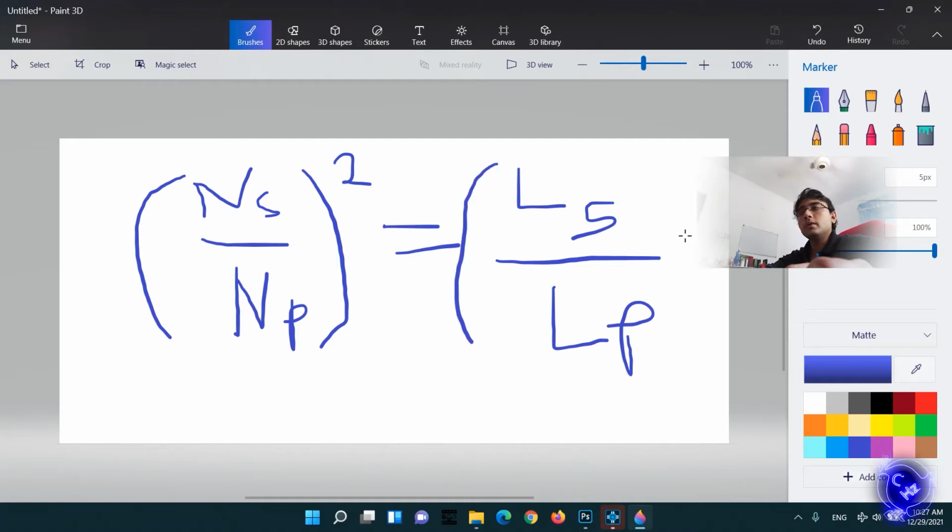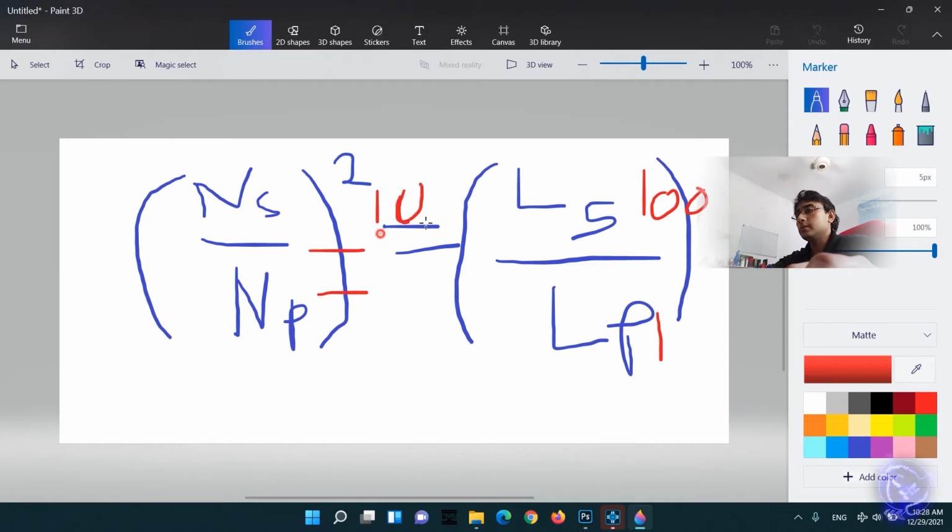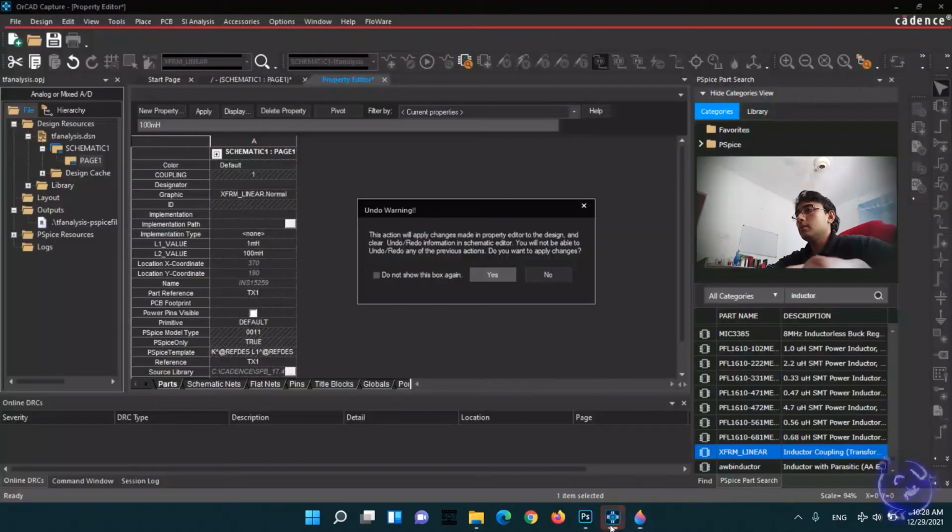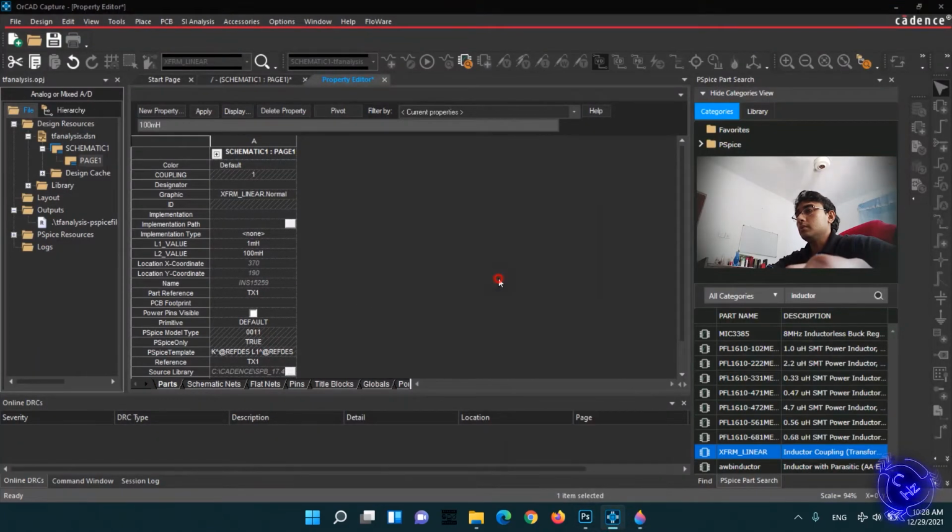So if I maintain my secondary to primary inductance ratio at 100 to 1, then my turns ratio becomes 10 to 1, right? That is why I chose 100 millihenry as my secondary inductance and 1 millihenry as my primary inductance.